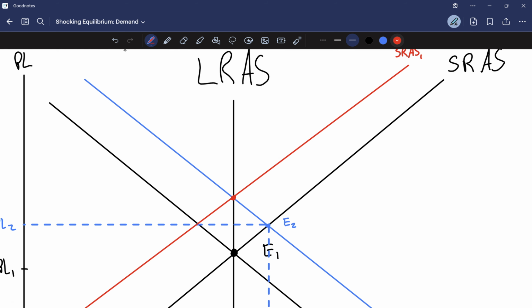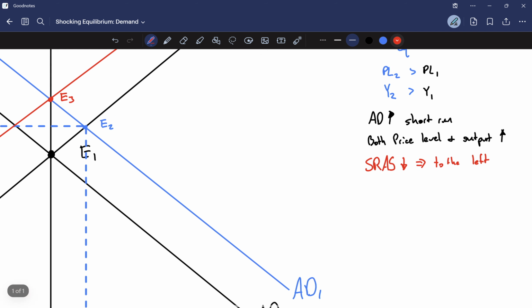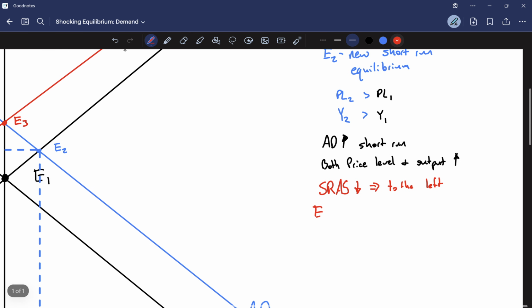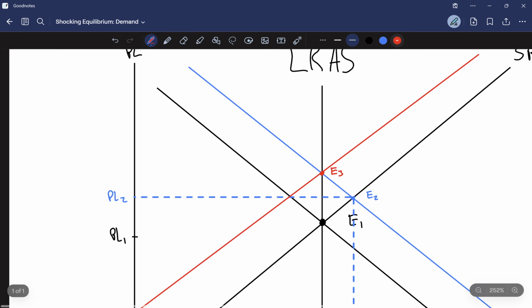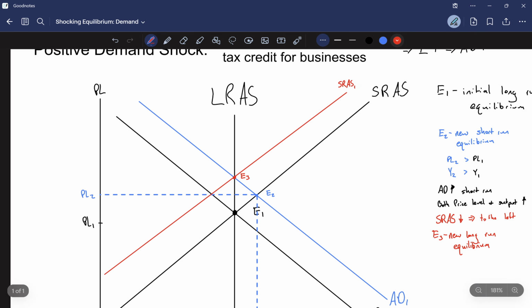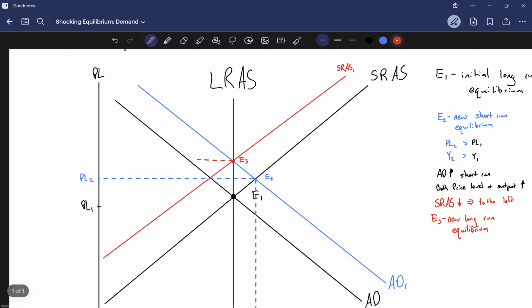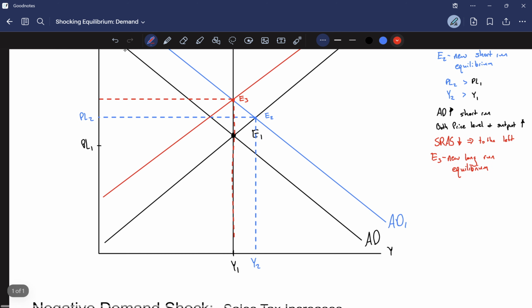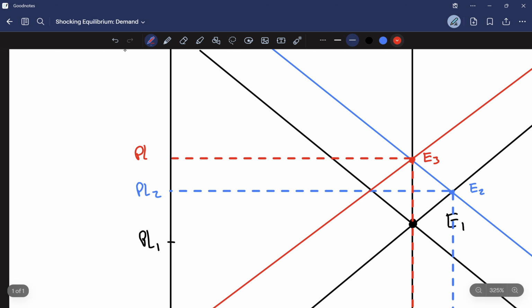This new point, we'll call it E3, where all the points converge. This is our new long run equilibrium. Now, what do we notice about these points? Well, let's see what we can find out. Draw this out to the y, draw this down to the x, and we see that price level has increased yet again.